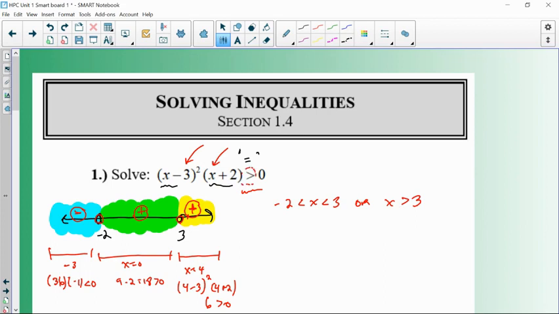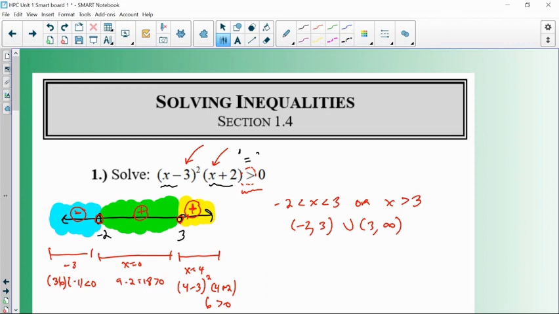Today in class, we looked at interval notation. In interval notation, this would be (-2, 3) union (3, infinity). And remember, when interval notation is strictly open like this, it looks like an ordered pair, but it's not, simply because we're in the context of an inequality.